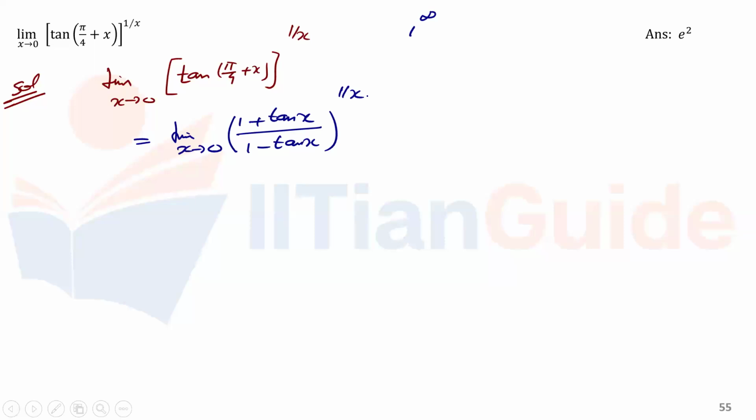Again, I'm facing an issue that I'm not having 1 plus something. I'm not getting 1. But I need it. So not a problem. It's very simple. I can write it to be limits x tending to 0. Blindly just write 1. Okay, do manipulation. We have 1 plus tan x upon 1 minus tan x.